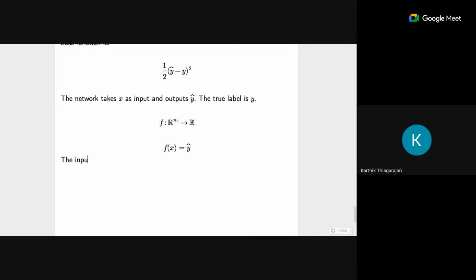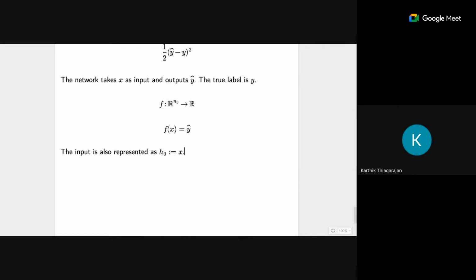The input is also represented as H0. This is kind of confusing, but also important. There are two things that we set.